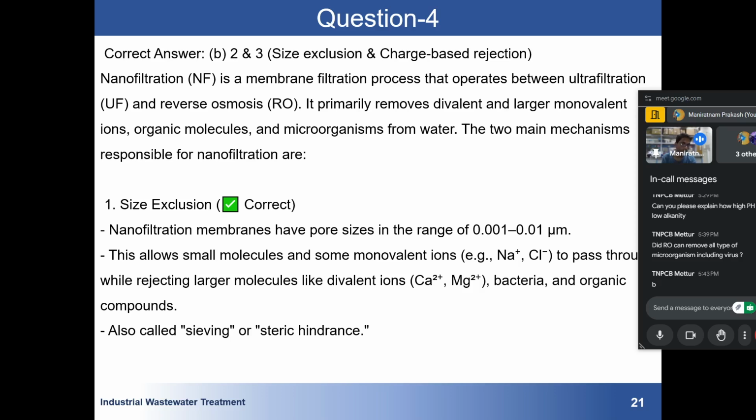So we are allowing the smaller ions to pass through the membrane, and we are retaining the larger molecules like calcium and magnesium, and we know that bacteria and organic compounds also have a larger size, so that will also be retained. This is also known as sieving, or steric hindrance.